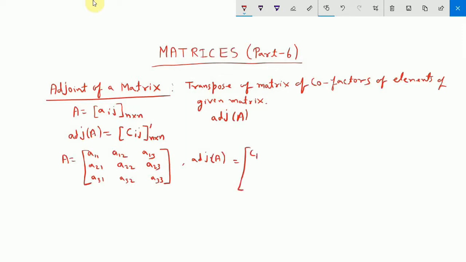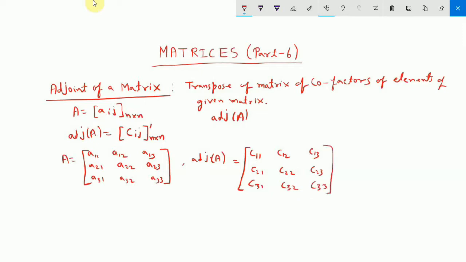So first we need to calculate the cofactors C11, C12, C13, C21, C22, C23, C31, C32 and C33.